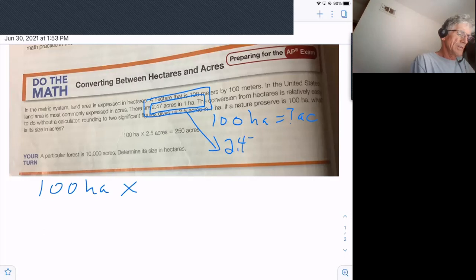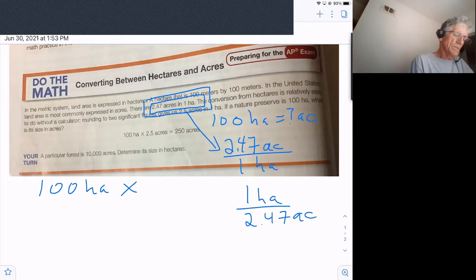You can write 2.47 acres per 1 hectare, or you could write 1 hectare for 2.47 acres. They're the same conversion factor, but written in different ways.